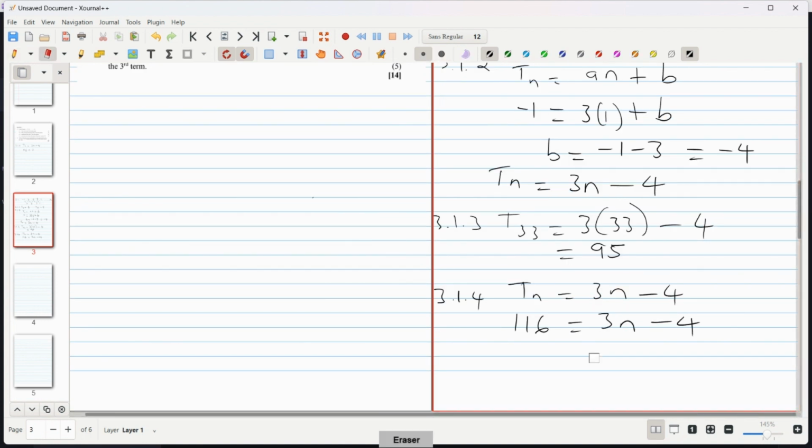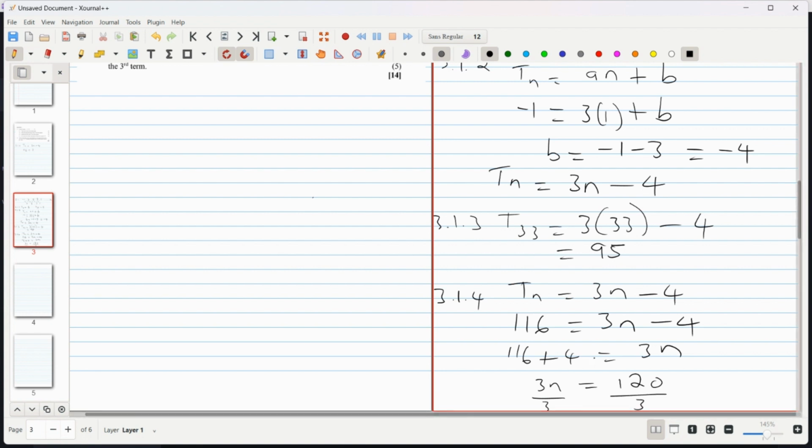So from here we have 116, and then minus 4 becomes positive 4 on this side. So we'll be left with 3n equals 120. We just need to get rid of the 3, so divide by 3 on both sides.